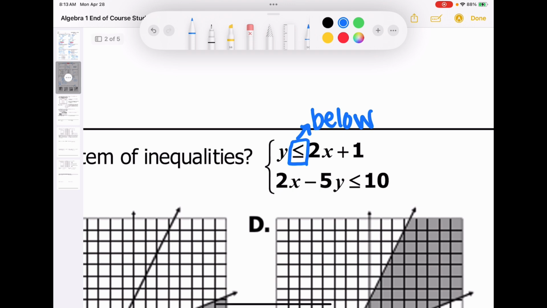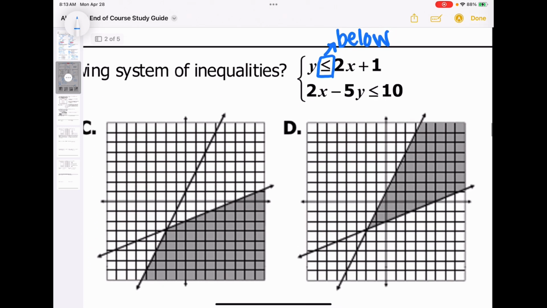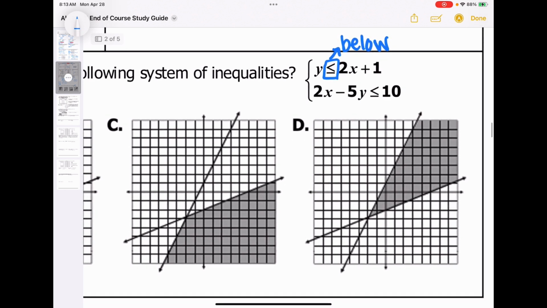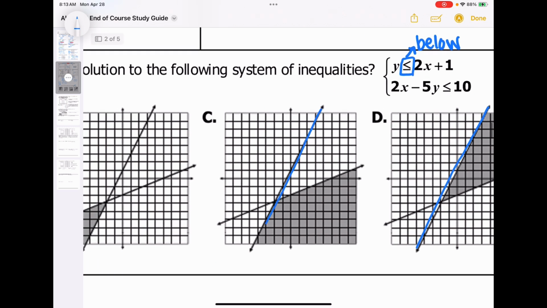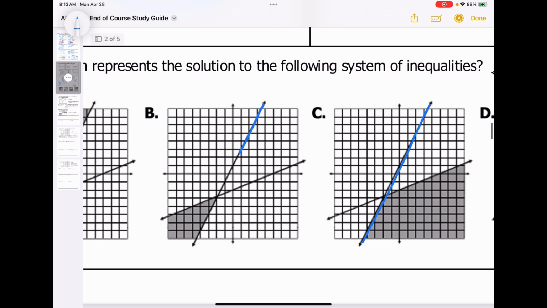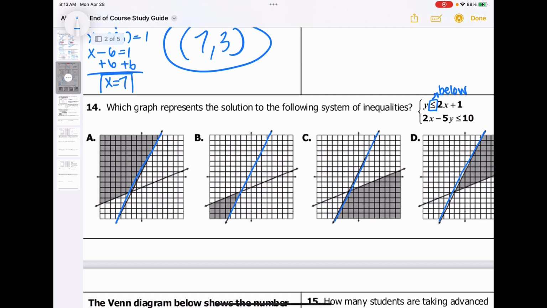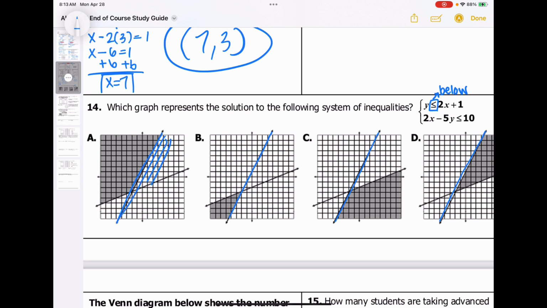So I want to look at my lines, and this line on all of my graphs is going to be that first line. So when it's shading below, that means that this section needs to be shaded.